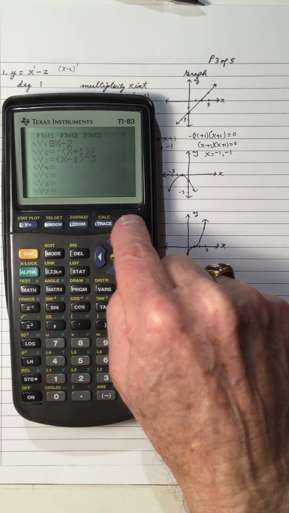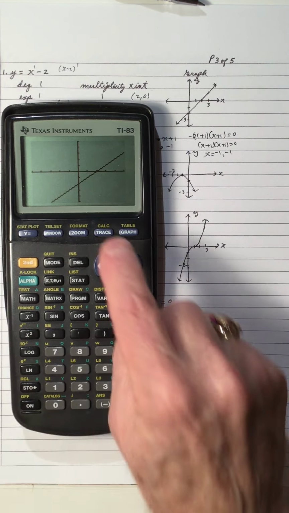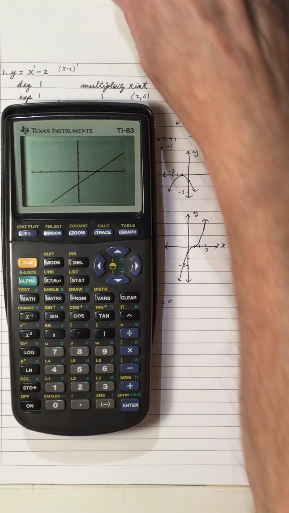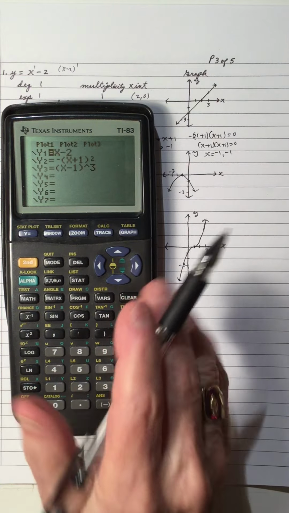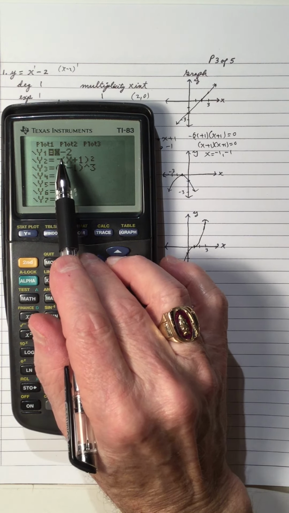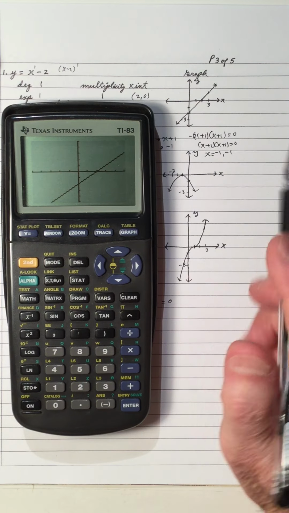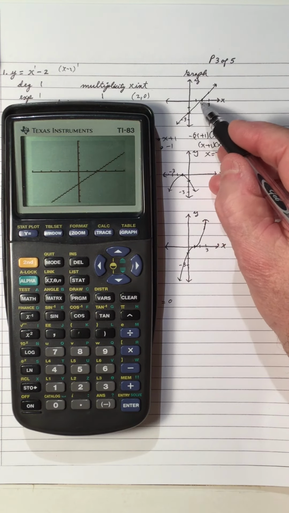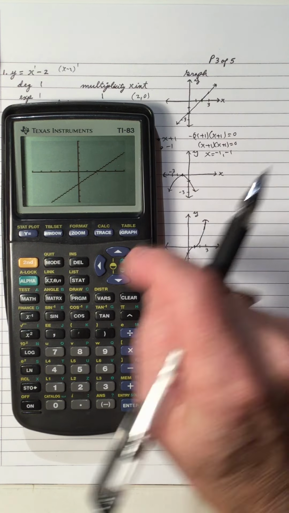Let me graph the first one. So that's the graph. That's similar to this one right here. Let's go back to the equation. The graph is y equals x minus 2. So when I hit graph, the calculator will graph it for me, just like that. That's the 2, that's the negative 2, and you have a line.